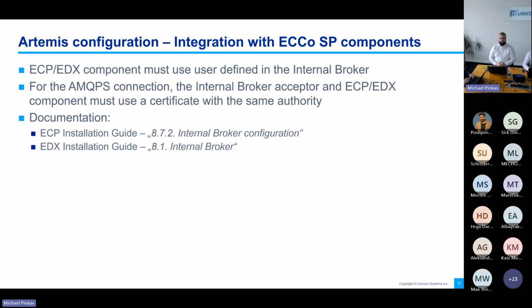Something we have already talked about a little bit is the integration of the ECCo endpoint and EDX toolbox with the internal broker. It is described in the installation guides. So let's open the ECCo installation guide, internal broker configuration.